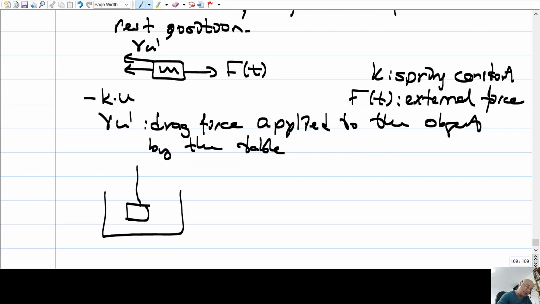So this object is here and this is a bucket full of water or some other liquid, and it just goes up and down inside this. Maybe this is a more realistic picture. And there is this force applied to the object which is proportional to the velocity of the object.